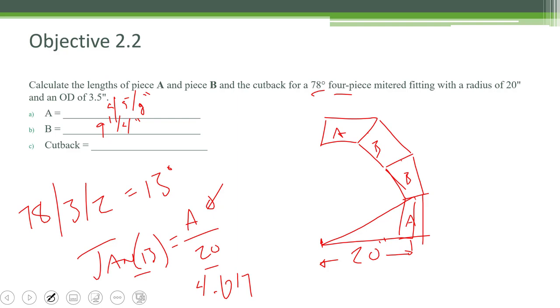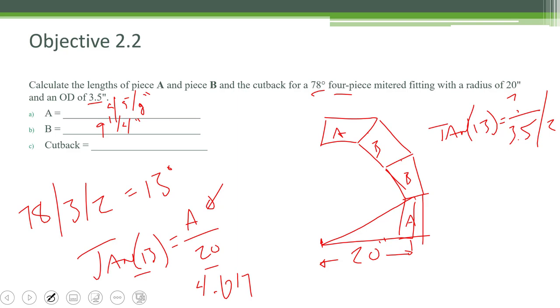Okay, so for the cutback, remember I got a couple ways I can do it. Here's my outside diameter. What I like to do is I just go the tangent of 13 is equal to I don't know over my outside diameter, which is 3.5, and divide that thing by 2. It's kind of sloppy notation. I should have wrote it differently, but you guys get the gist of it.